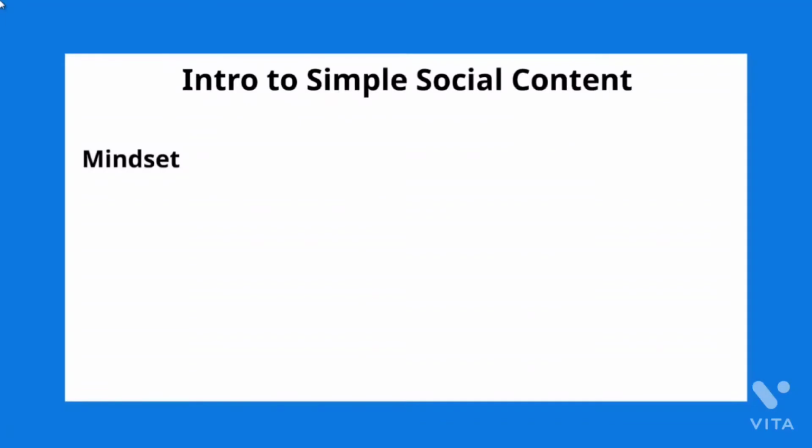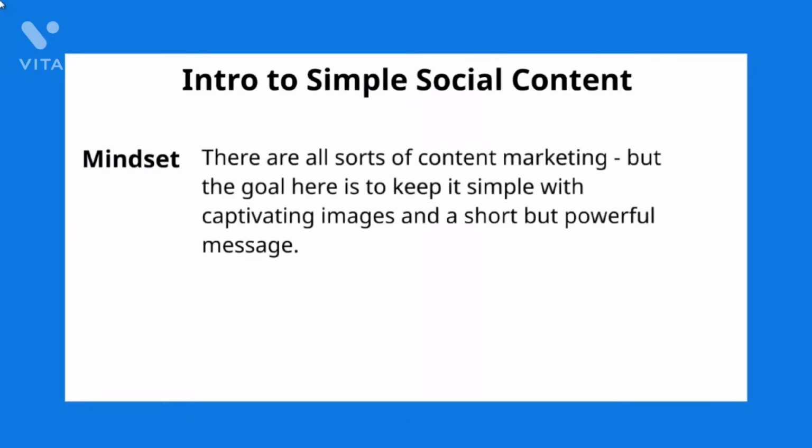Now, before we jump in, I want to talk briefly about mindset, because I want to make sure that you're in the right mindset before we get started. You see, there are all sorts of content marketing out there, but the goal here is to keep it simple with captivating images and a short but powerful message. And I'm going to show you what I mean in just a second.